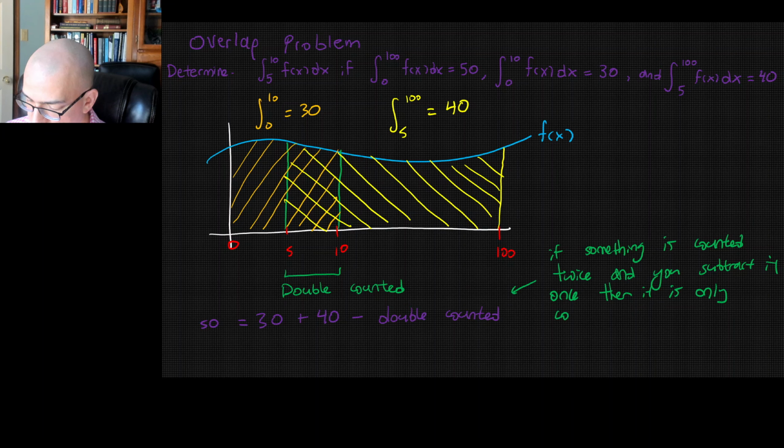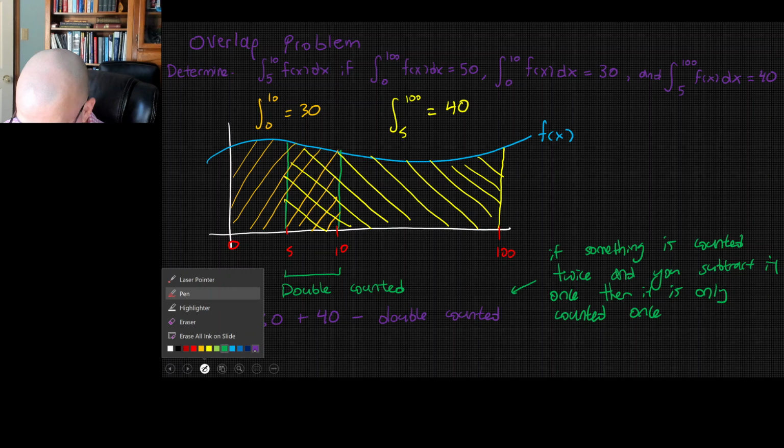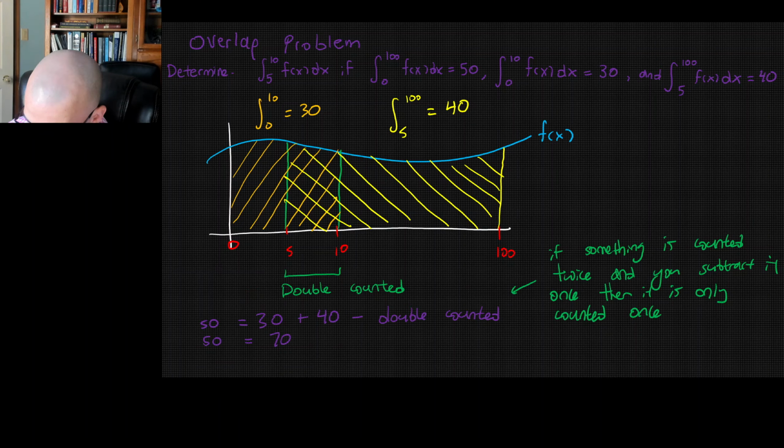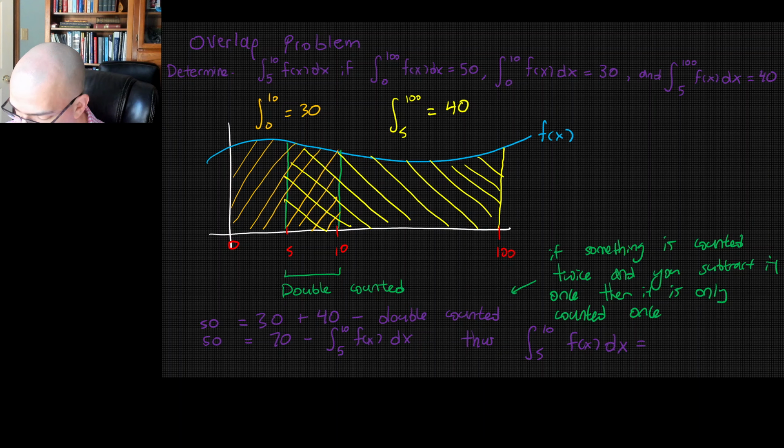Kind of a very clean logic. So 50 is equal to 70 minus the area that represents what's double counted, the integral from 5 to 10 of f of x dx. Thus, the integral from 5 to 10 of f of x dx is equal to 20.